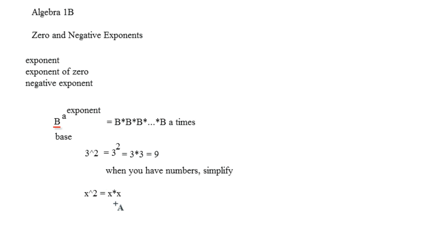So what we're going to do is first look at zero and negative exponents. Now, here's a cool thing. Here's the simple definition: x to the 0 is 1, and x can be anything, including 0.